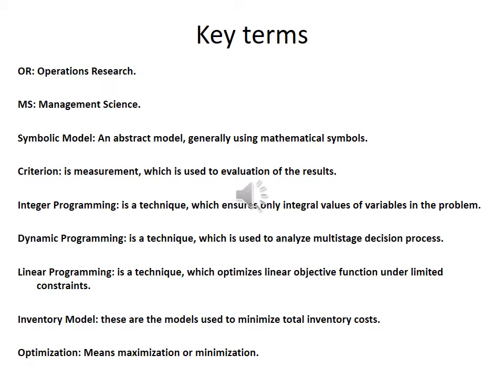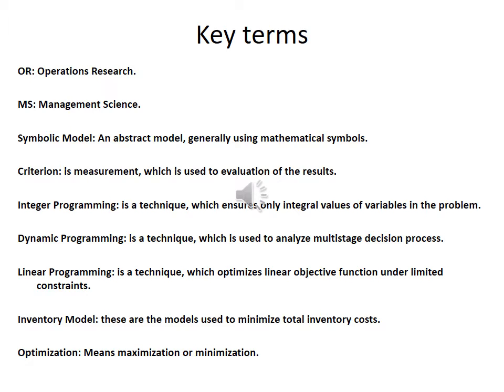Here, model means a system is going to be expressed with the help of mathematical modeling or mathematical formulation and using the quantitative techniques. So it means there are variables combined with the operators and operands. Criterion means measurement, which is used to find the evaluation of the results.